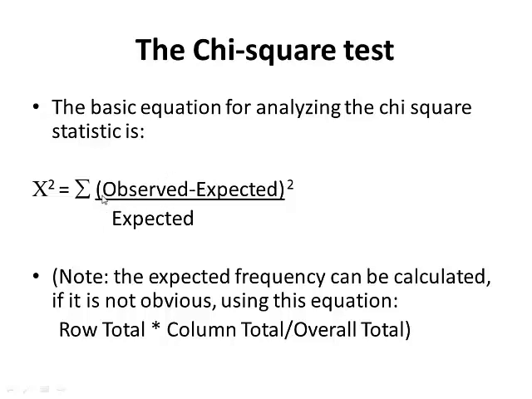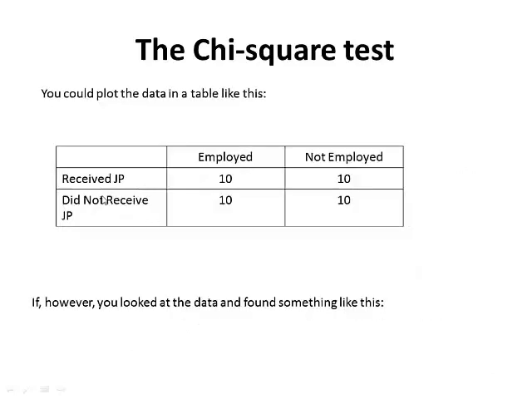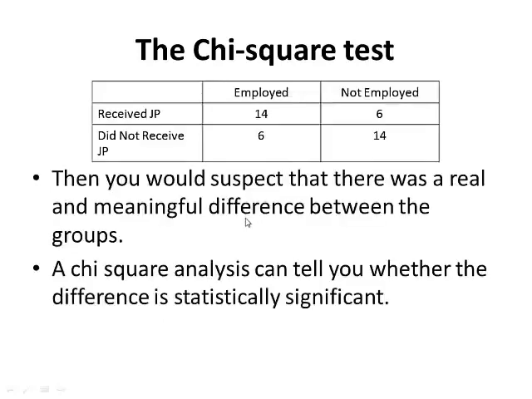So let me go back for a second to our tables. All right, so based on our null hypothesis, we said we expected 10 in each cell. So this is what is expected. What we found, what we observed, is 14 and 6, 6 and 14. So this is what we observed.